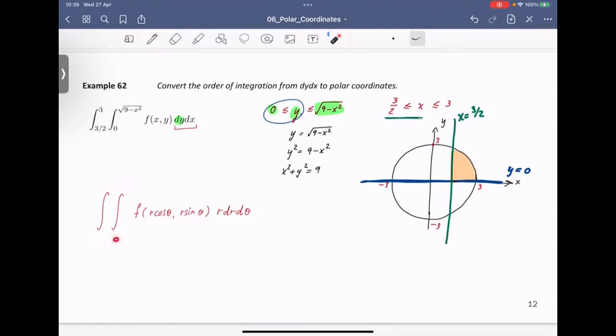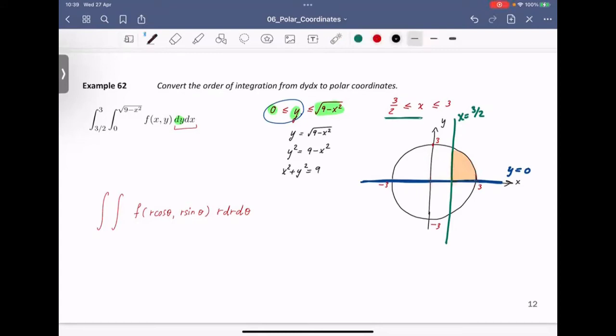So what are your upper bound and lower bound here? Well, this is not an easy question. As you can see, when you start from the pole here and go using polar coordinates, every time you start from the green line and then you hit the circle, right? But at one point you stop.